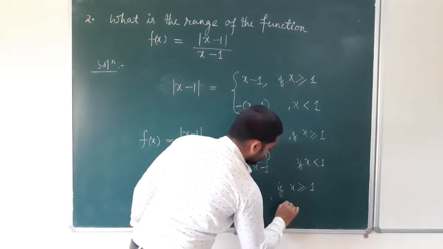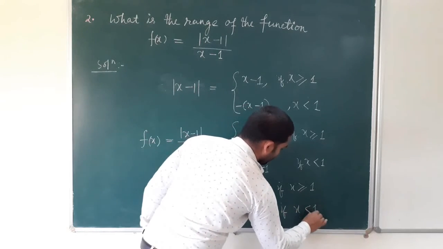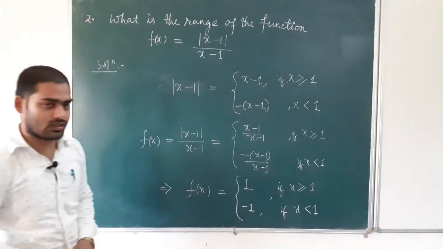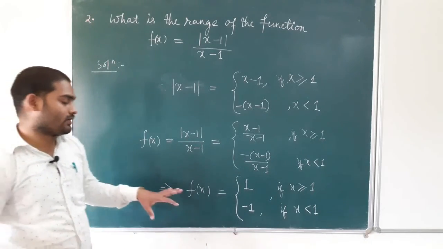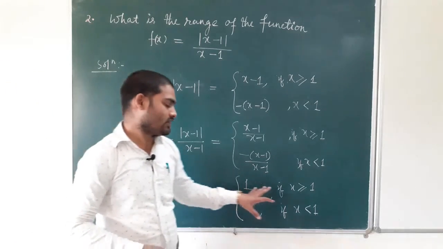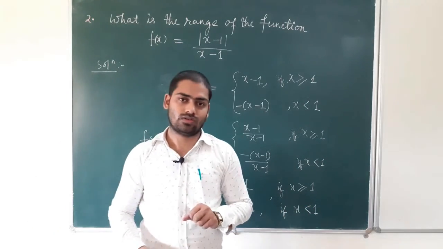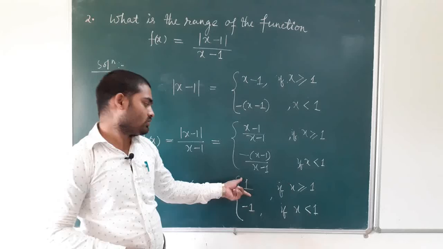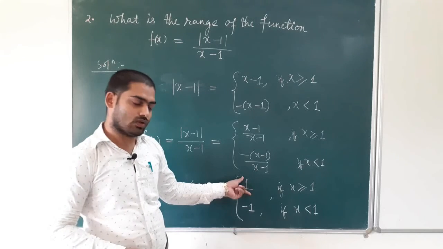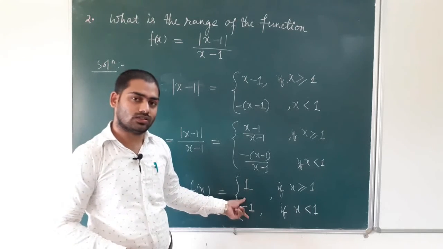If x is less than 1, you get minus 1. So whatever value you give, you will get two outputs. One is 1, another is minus 1.